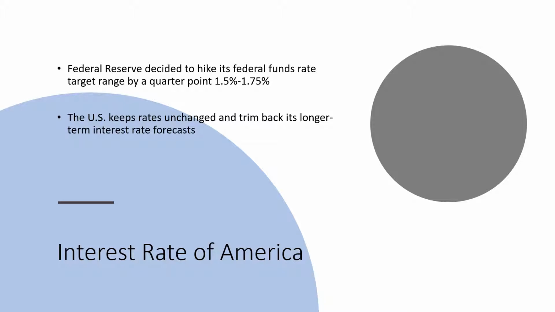The slower job growth and overseas hazards, such as a possible United Kingdom exit from the European Union, prompted the Fed in its June statement to keep rates unchanged and trim back its longer-term interest rate forecast in a sign of greater caution.